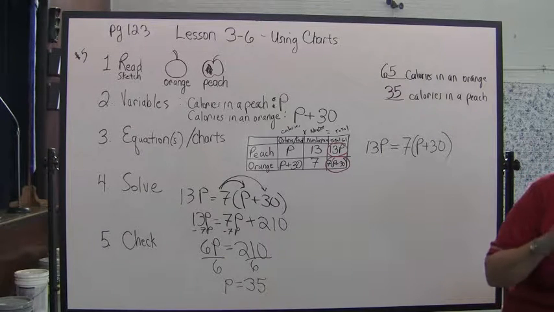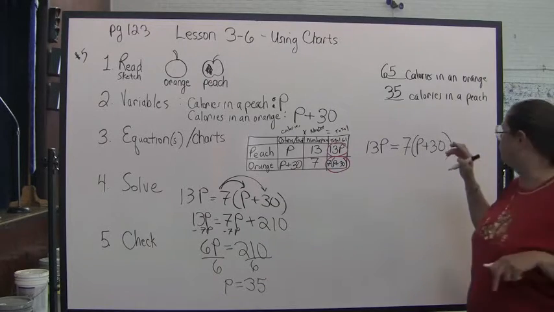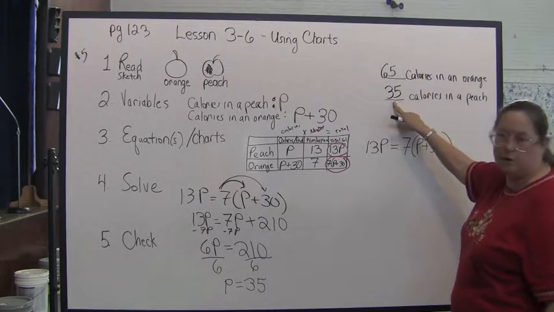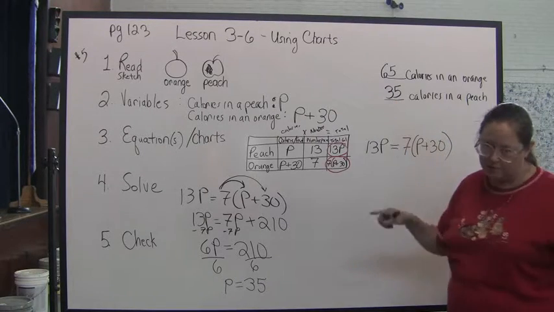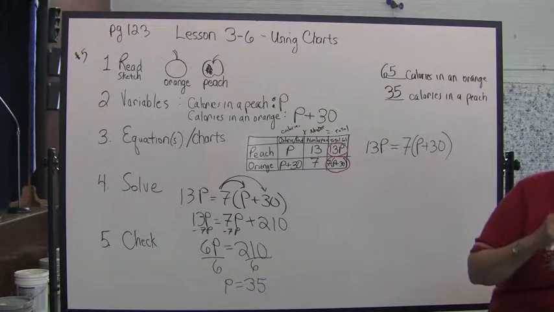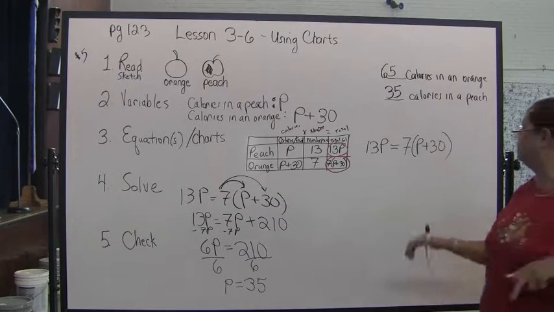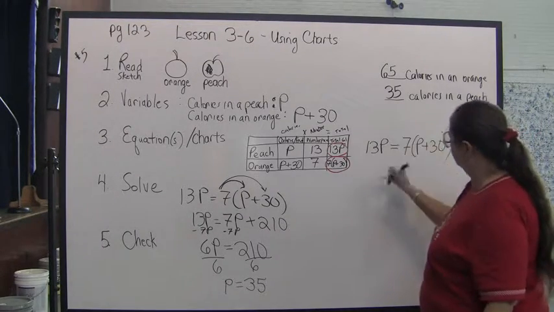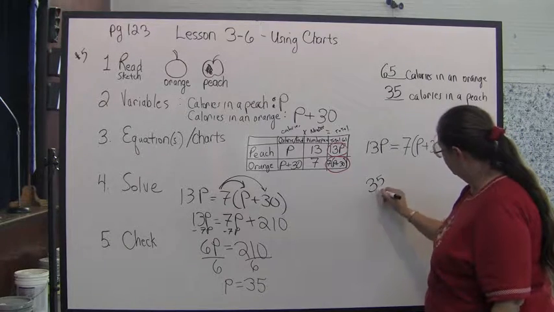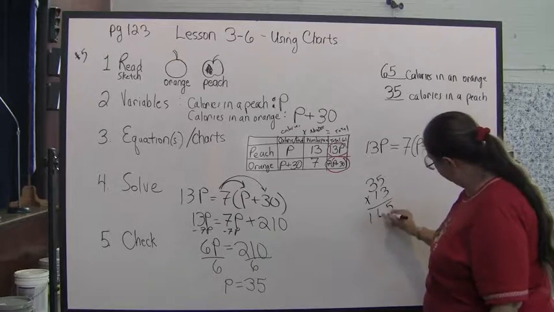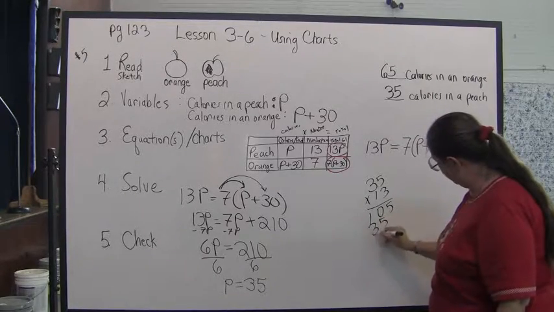I read the problem. It says, an orange has 30 calories more than a peach. Here's an orange. 65 is 30 more than 35. Check, that sentence works. 13 peaches have as many calories as 7 oranges. 13 peaches, let's see, 35 times 13, I'm going to get 105, 350, 455 calories.